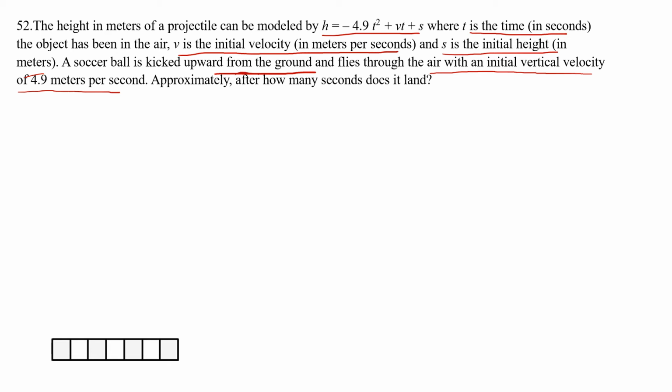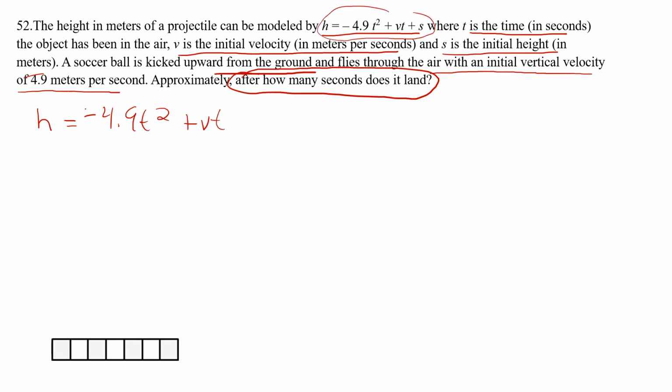And so we're looking for seconds, and so we have to solve for time. So this is a quadratic equation because I have this t to the second. I'm just rewriting this expression from the top here, and I'm going to plug in my given information and solve.